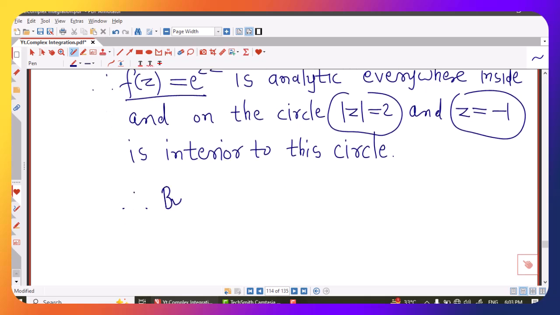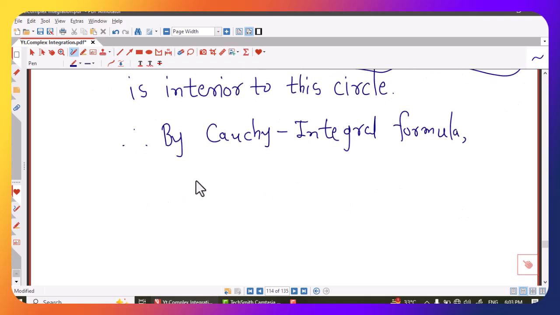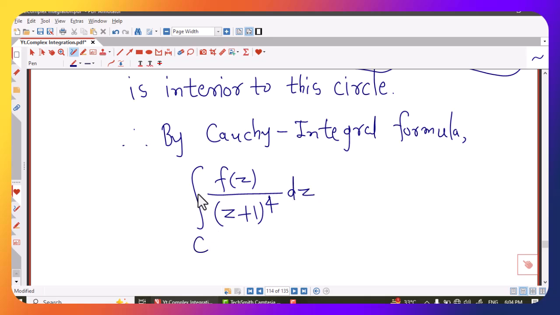Therefore, by Cauchy-integral formula, we are applying extension of Cauchy-integral formula, but we will just write that this is by Cauchy-integral formula integral of f of z divided by, here we have z plus 1 to the power 4 along contour C, and this I can rewrite as z plus 1 to the power 3 plus 1.